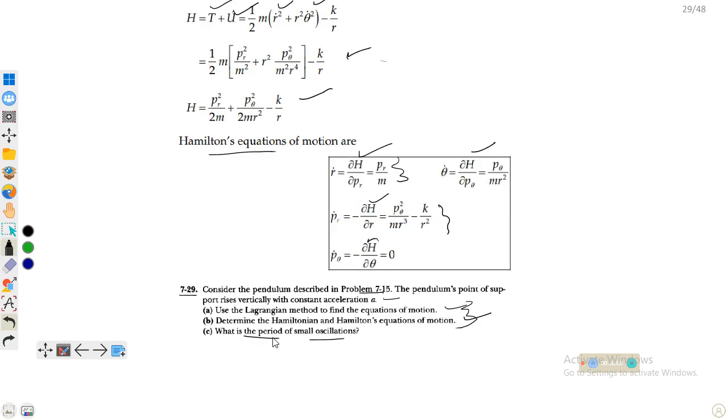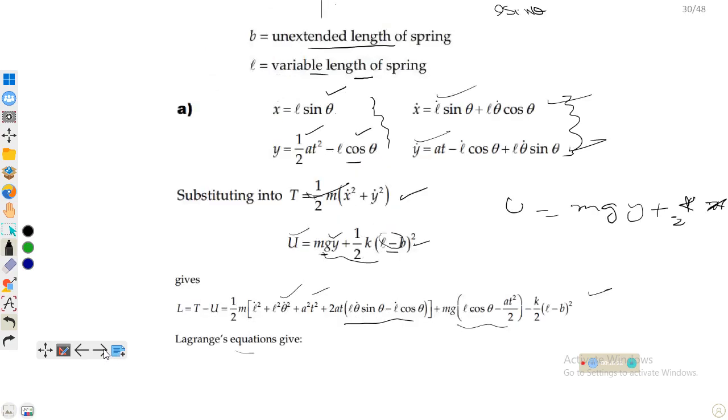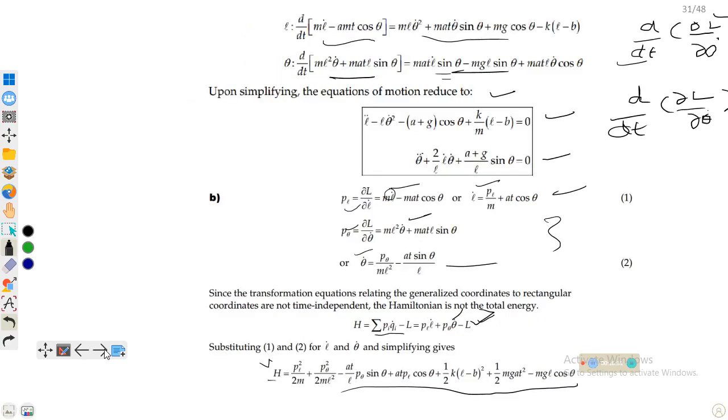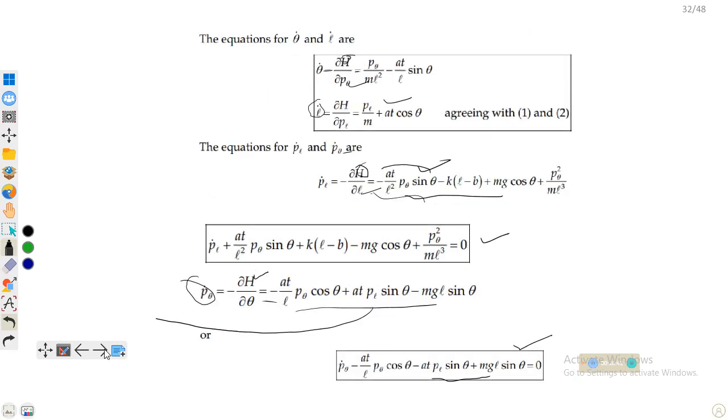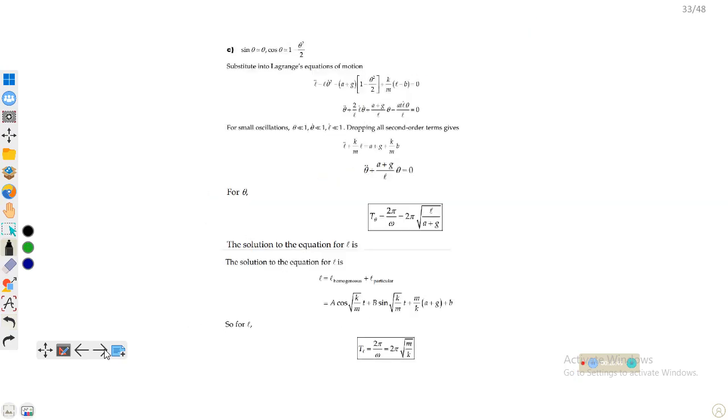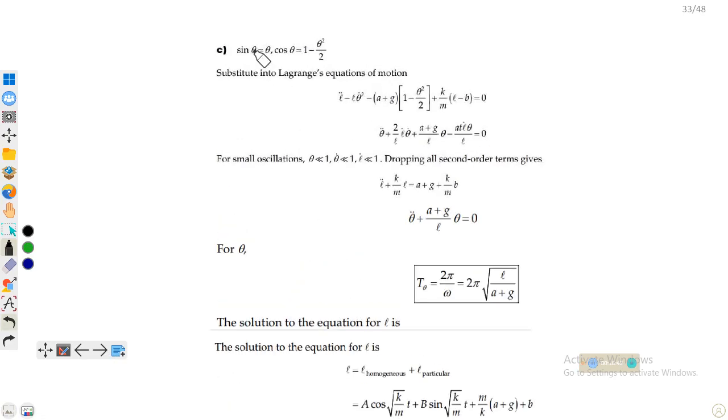It means we have to make some assumption to generalize, use some approximation to find the time period of the small oscillation. So for the third part, we can go back and see the solution for part C. So we will use some approximation.